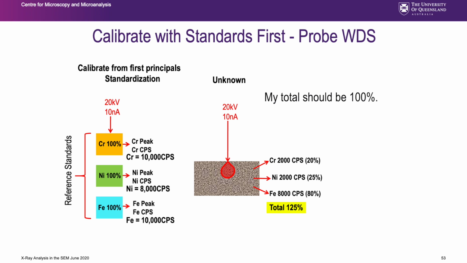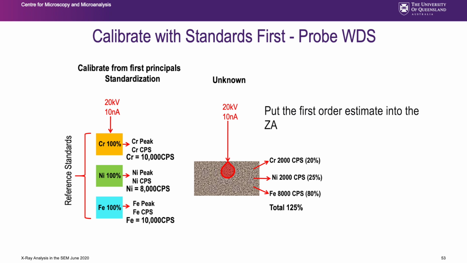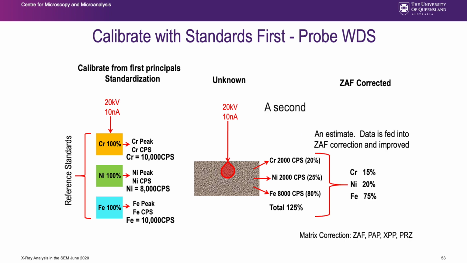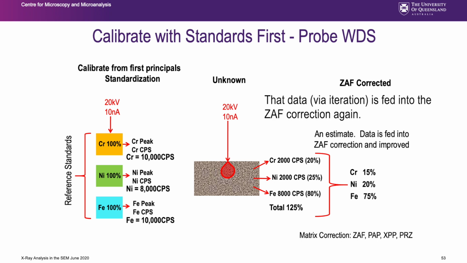Why is that? Well, because I haven't done any of the ZAF correction, and I can't do any of the ZAF correction because I don't know what the material is. But I just normalize this, assume that that is my material, and I put that first order estimate into my ZAF correction. And that will produce a second order estimate. That's more accurate. And then that, via iteration, is fed back into the ZAF correction, and I get a third estimate.